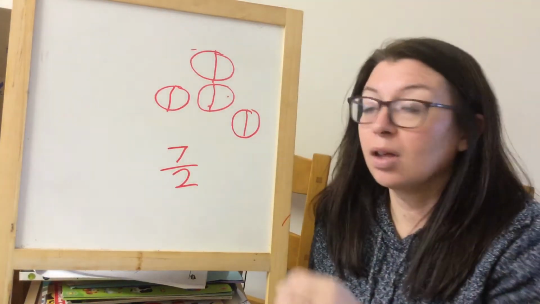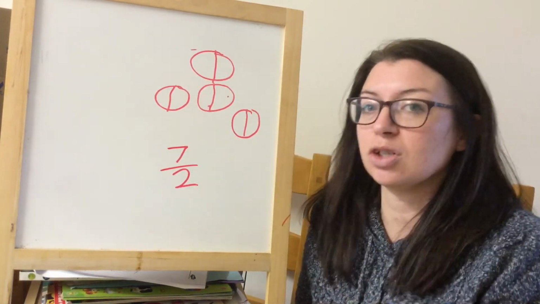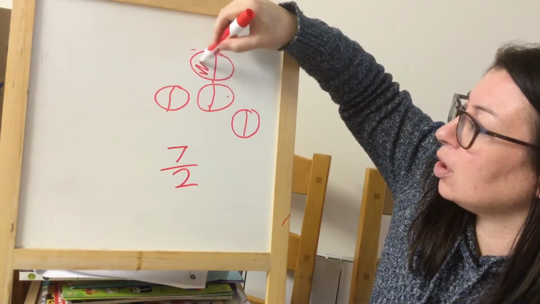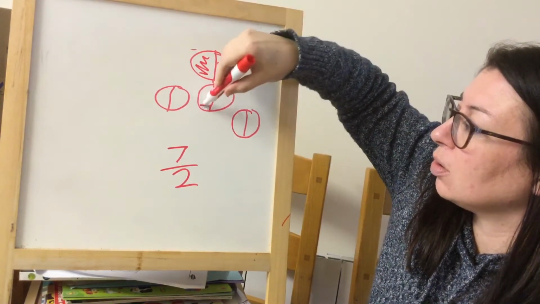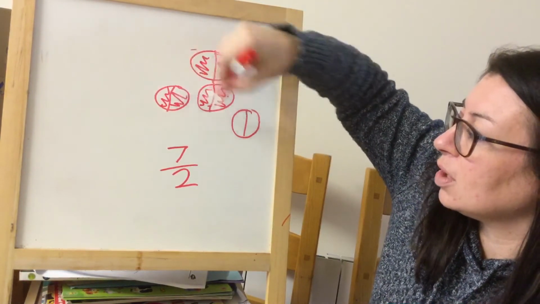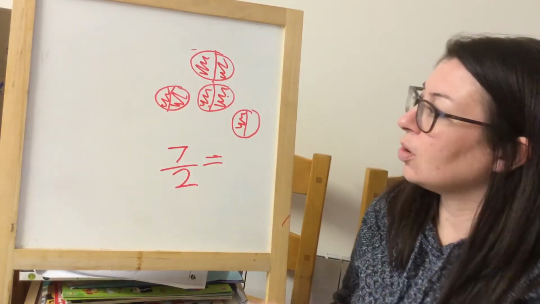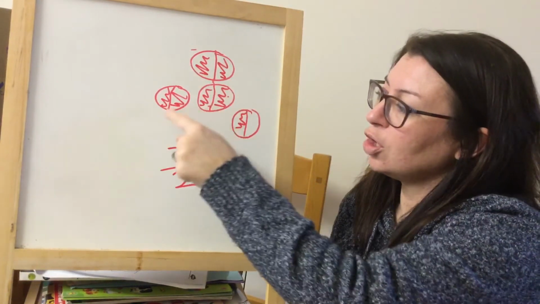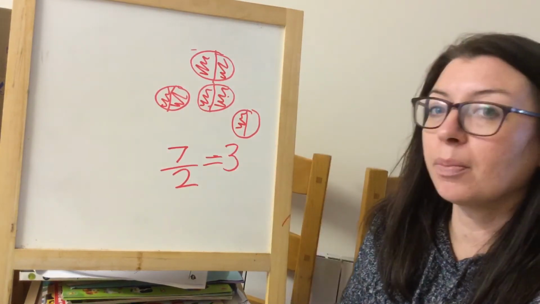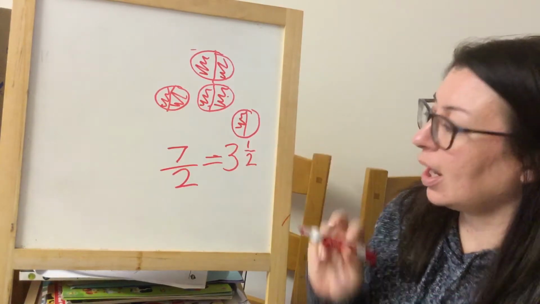Now remember, although we've got 8, each one has to be split equally into 2. So we want to colour in 7. So we have 1, 2, 3, 4, 5, 6, and 7. So we have 3 wholes. That's our big number, and 1/2 left.